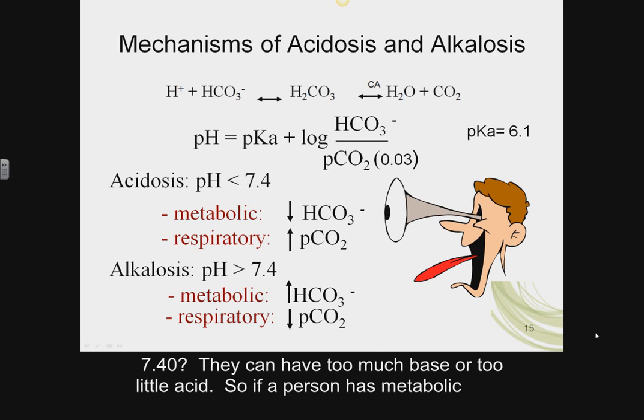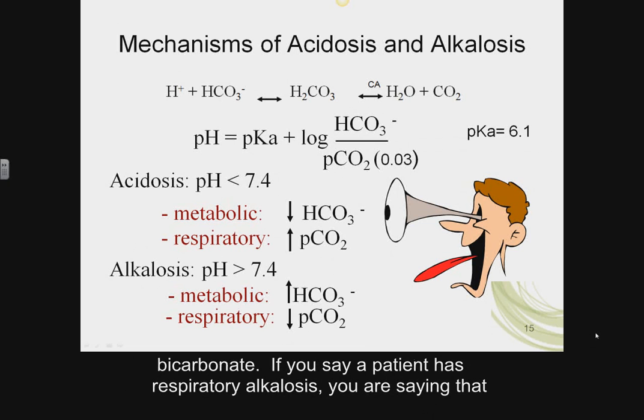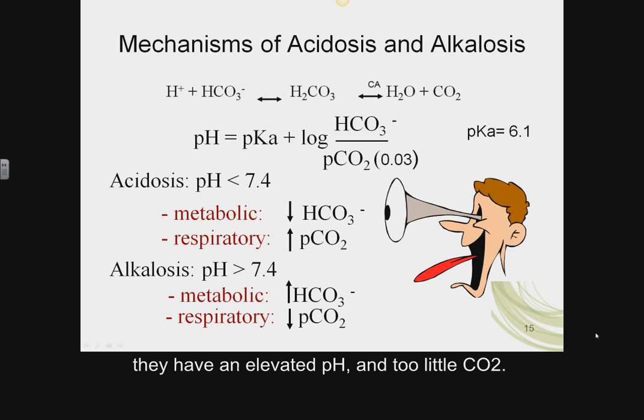How can a person have alkalosis, a pH higher than 7.40? They can have too much base or too little acid. So if a person has metabolic alkalosis, you are saying that their pH is high and it is due to a base problem, the bicarbonate. If you say a patient has respiratory alkalosis, you are saying that they have an elevated pH and too little CO2.